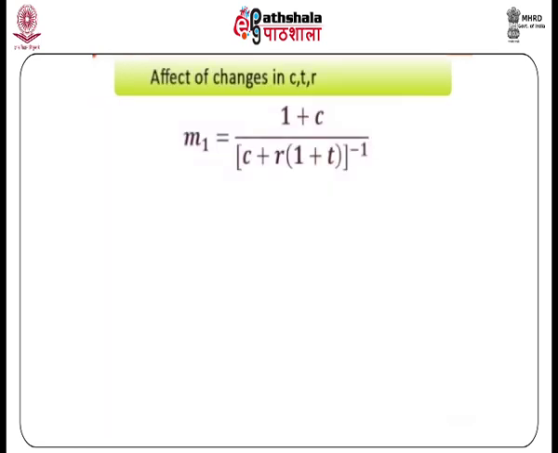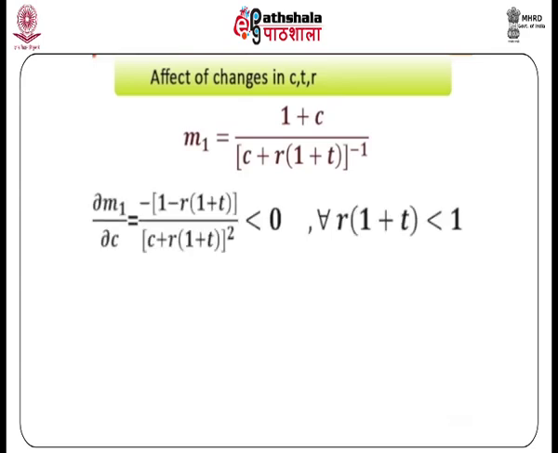Let us now analyze the effect of changes in C, T, R on the money multiplier. This can be calculated by differentiating the narrow money multiplier with respect to each of the three ratios C, R, T, yielding: 1. Delta M1 upon delta C is equal to minus [1 minus R(1 plus T)] divided by [(C plus R)(1 plus T)] whole square, which is less than 0 for R(1 plus T) less than 1. 2.